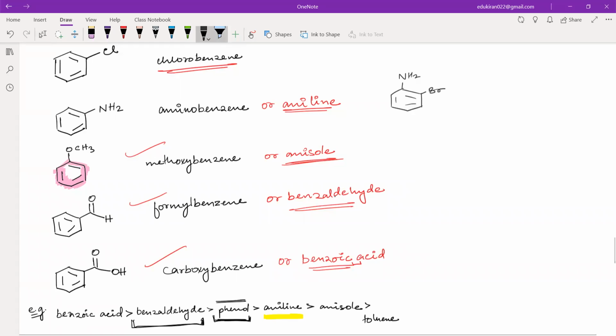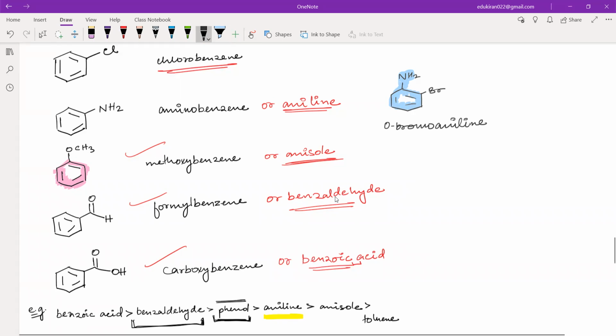So this whole thing is aniline, and in the ortho position I have bromine, right? So this will be o-bromoaniline. You get my point?